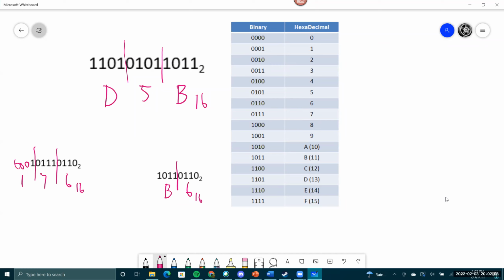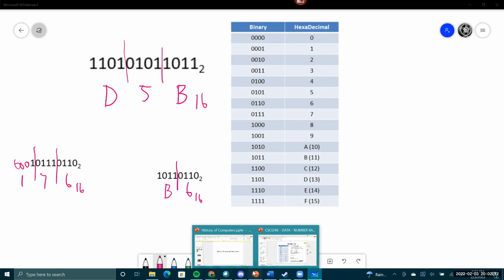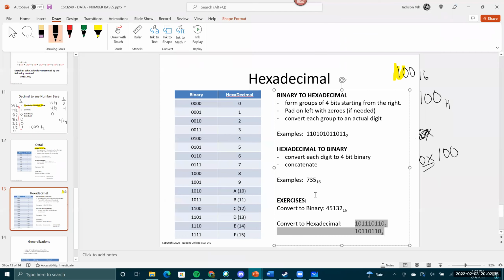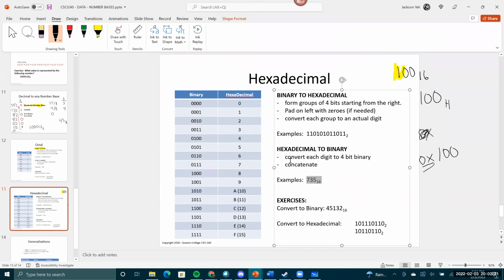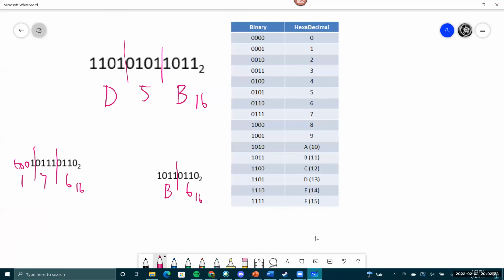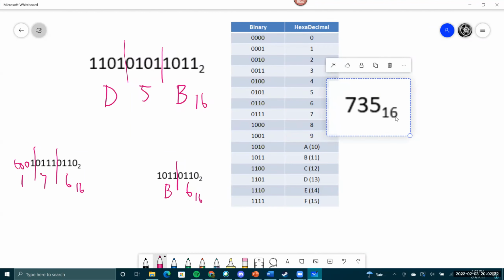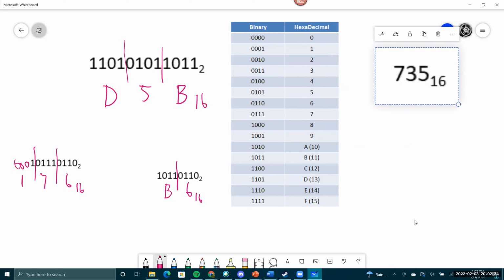And now let's go the other direction. So the other direction is I start off with a hex and I want to convert it to binary. So just like before, I take each digit and convert it into not 3 bits, but now it's converted to 4 bits.